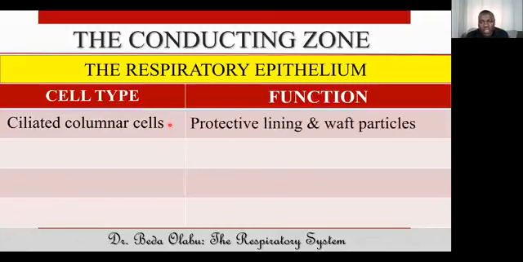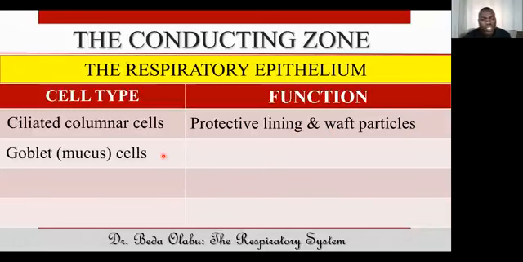The ciliated columnar cells are the ones that basically form the protective barrier. They form the protective lining. Apart from forming the protective lining, the ciliated columnar cells also waft particles. Because of the cilia, to waft is to beat or to propel the particles because of the ciliary activity.